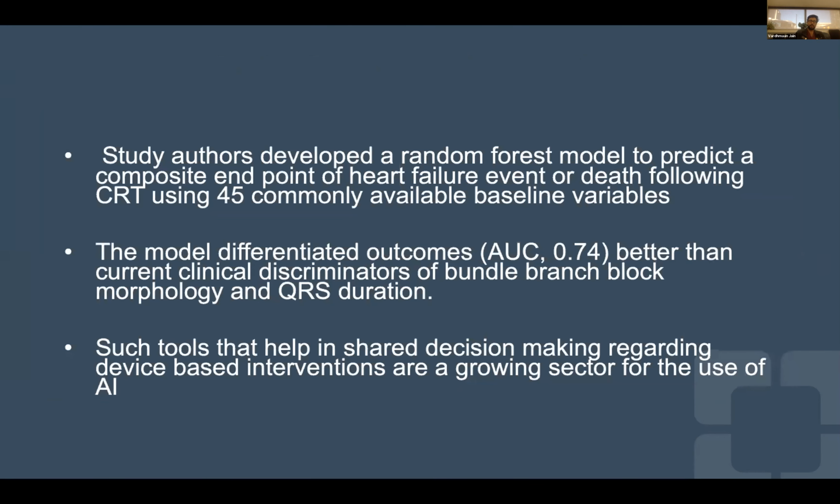retrospectively. Their model, with an AUC of 0.74, was adequately able to predict which patients would respond to CRT or not. Of note, I'm not an EP guy, but it appears that was higher than the prediction achieved with current discrimination using just the bundle branch morphology and QRS duration, which is the current standard of care.